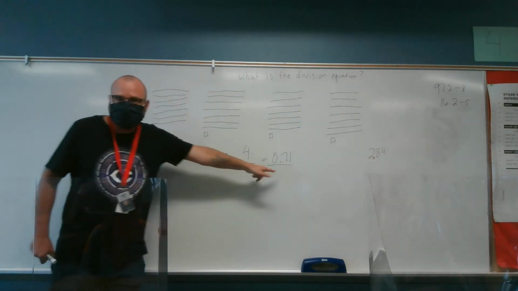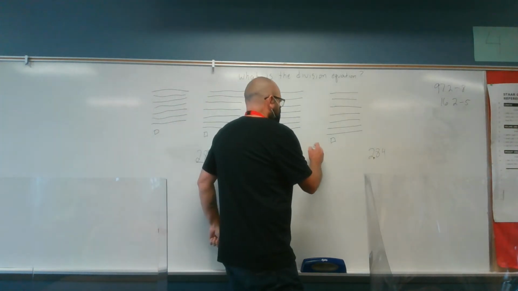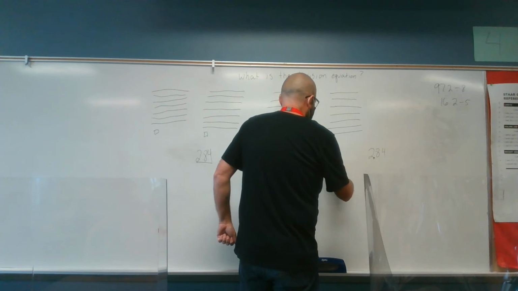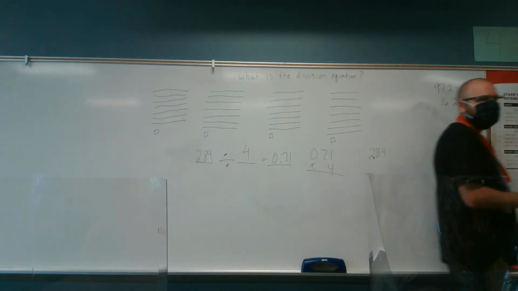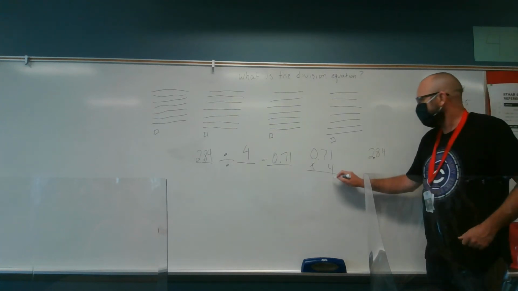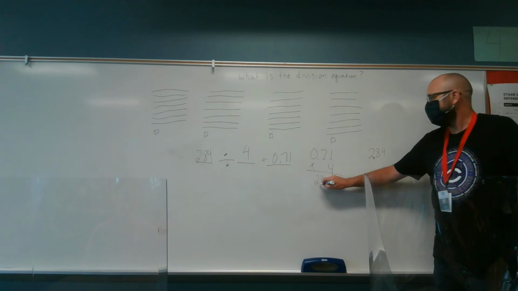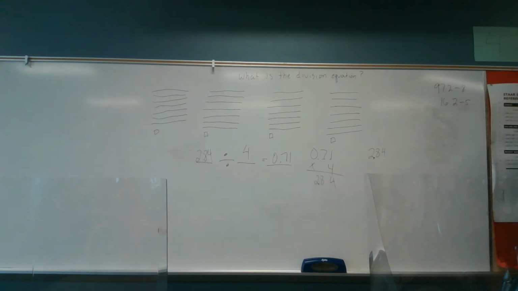The answer is easy. Now I could also take my answer and multiply it by what's being divided. If I did that, I'd get 28, and there are 2 numbers behind my decimal point, which would give me 2 and 84/100.